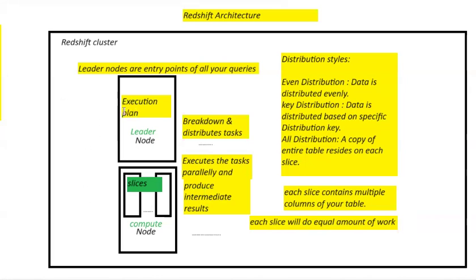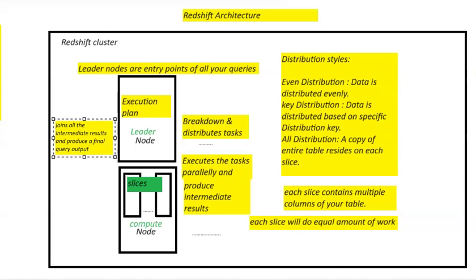Intermediate results are generated, and those will be given to the leader node. Now, the leader node will join all the intermediate results and produce a final query output. So this is how the parallel processing happens at slices inside your compute node.